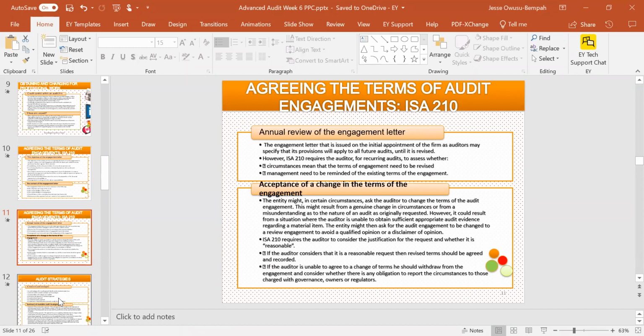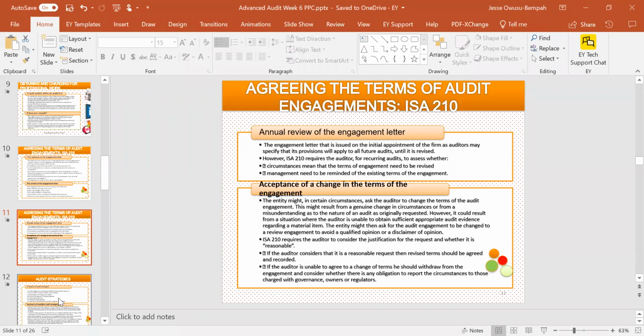However, ISA 210 requires the auditor for a recurring audit to assess whether the circumstances mean that the terms of engagement need to be revised. Number two, management need to be reminded of the existing terms of the engagement. So there are times when the engagement letter is reviewed.